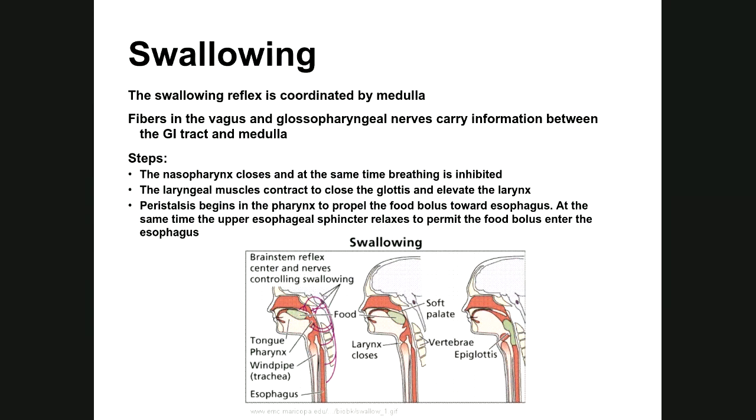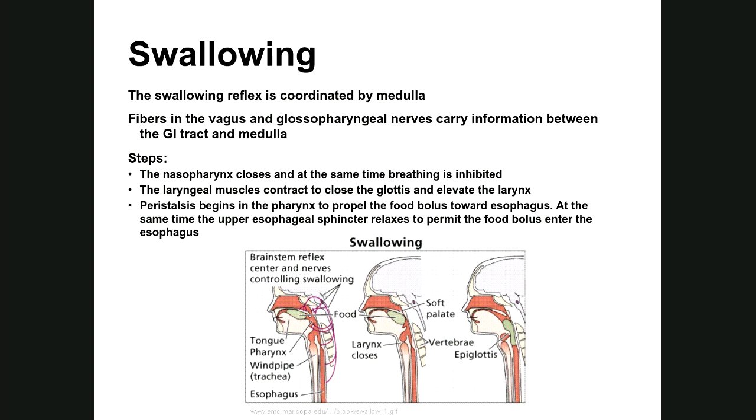Peristalsis begins by creating high pressure behind the bolus, which propels the food bolus distally toward the esophagus. At the same time, the upper esophageal sphincter relaxes to permit the bolus to enter the esophagus.